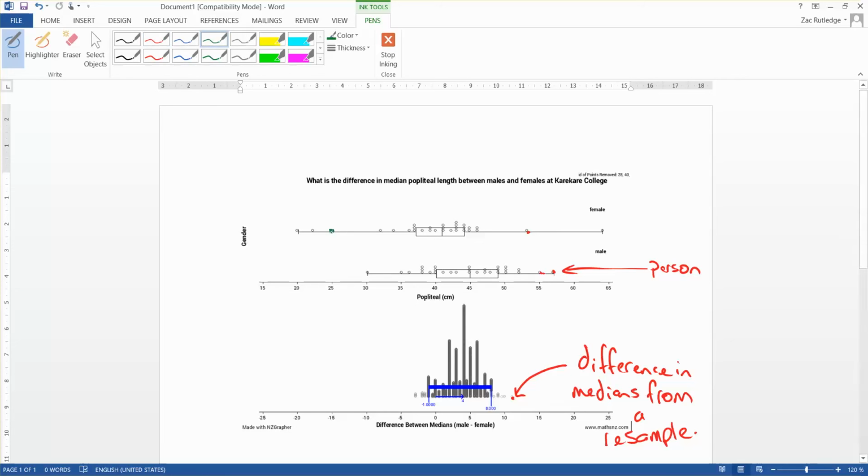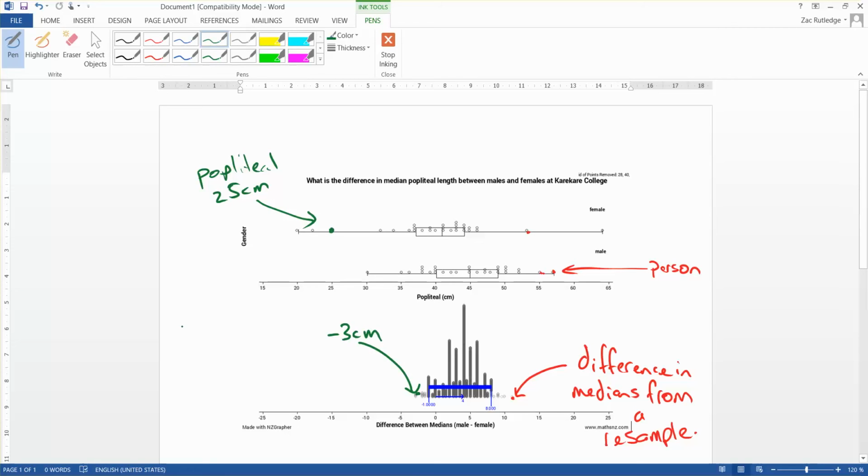At this dot here, on this graph here, that is a popliteal length of 25 centimeters. That's quite different to over here, this dot here is at about, let's call it -3 centimeters.